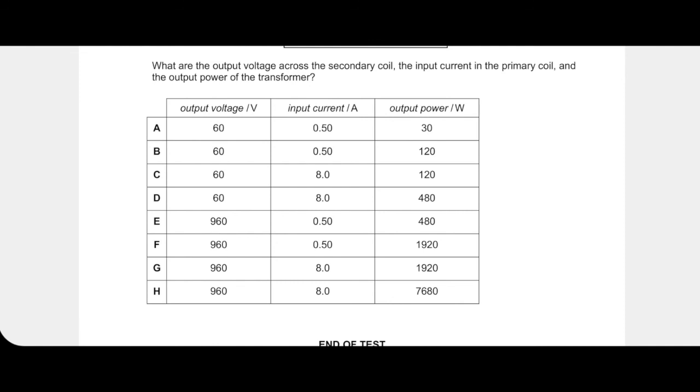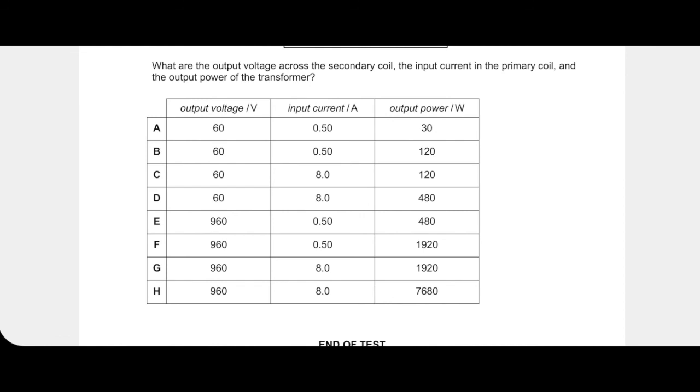the output power. So to work out the output voltage, you're going to use the voltage of the secondary coil over the voltage of the primary coil is equal to the number of coils on the secondary coil over the number of coils on the primary transformer.